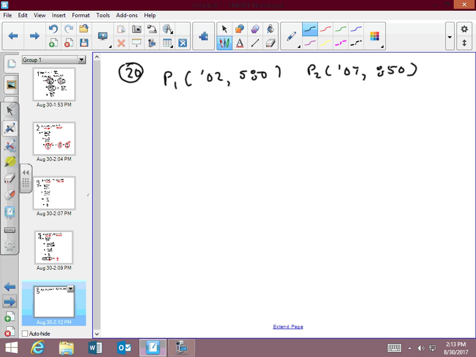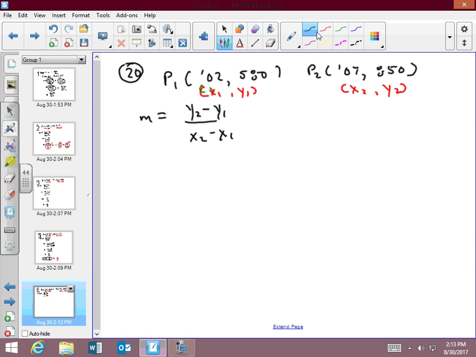So now what we have to do is find the slope. Well, the slope is going to be y2 minus y1 over x2 minus x1. And realizing that this is x1, y1, and this is x2, y2.